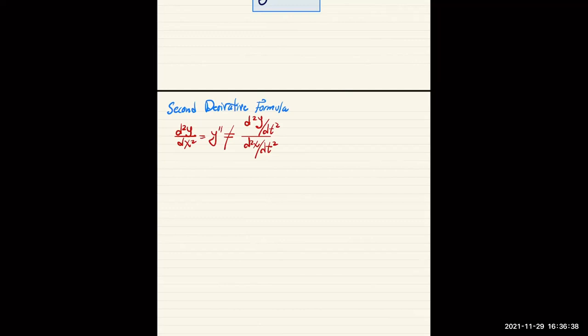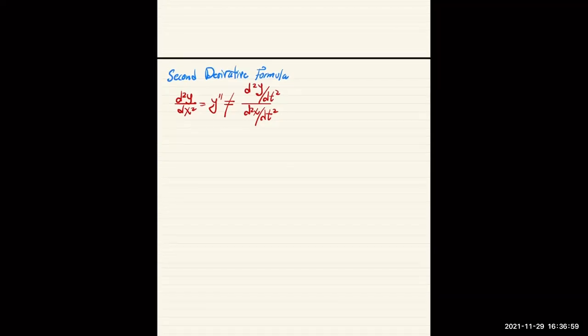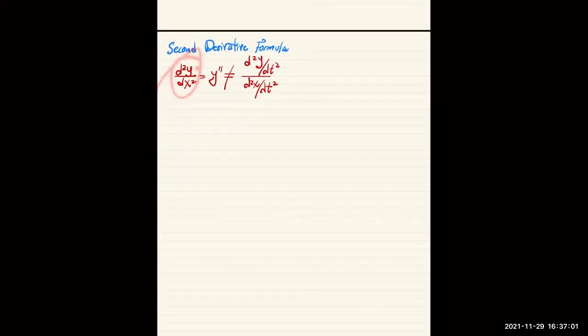It's not going to give you y double prime, because if you cancel these dt squares, you get d squared y over d squared x, which is total nonsense. We want d squared y over dx squared. So let's see how to find the second derivative.